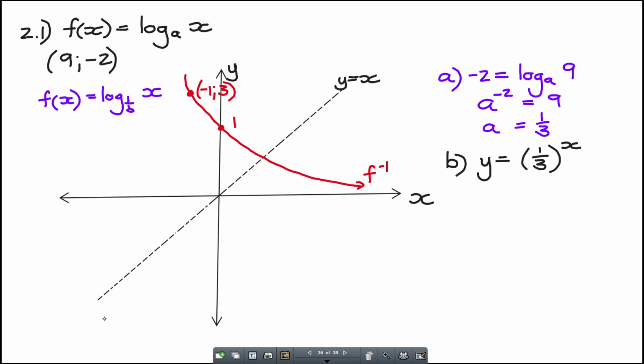Okay, dan het ek die f. And this will cut at 1 here. En as ek daai koördinaat, dan is x 3 en y minus 1.